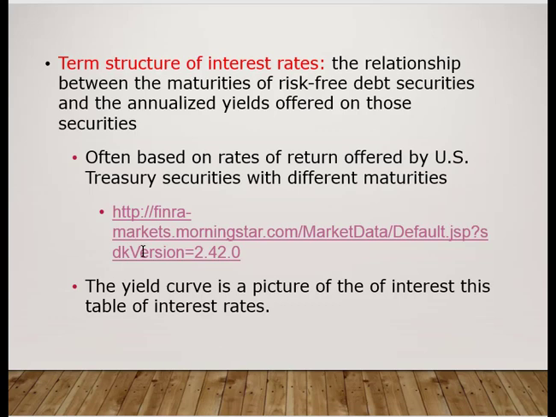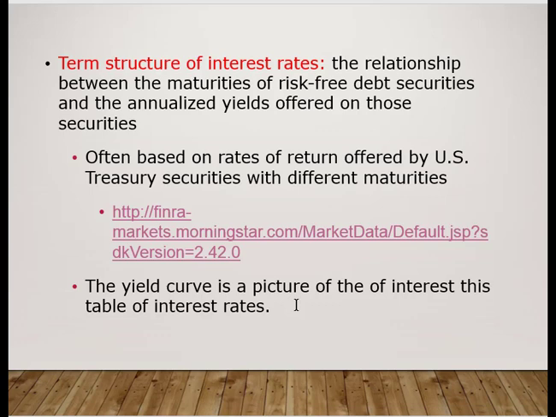And you can find one of these if you go to the FINRA website here and scroll to the bottom. You will see a graph and a table that shows United States Treasury securities and their yields. The yield curve is the picture. At the time of this video, there was an upward sloping curve.